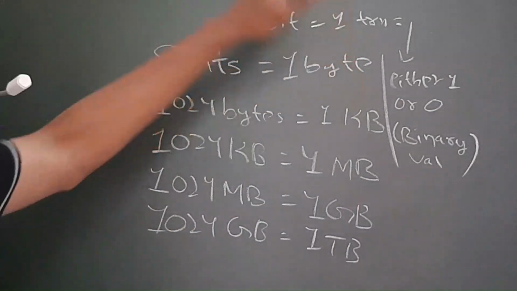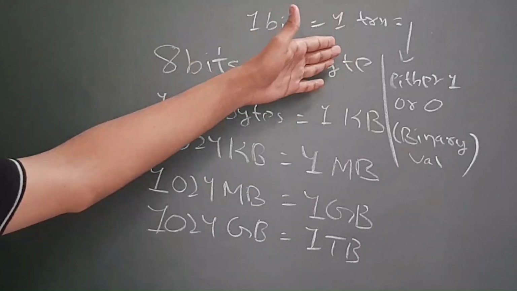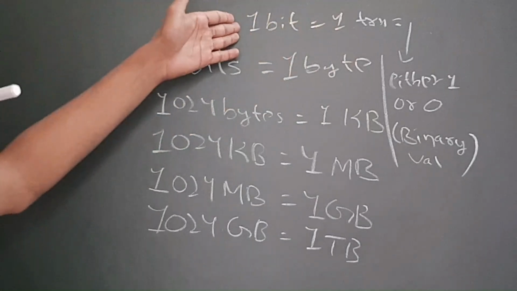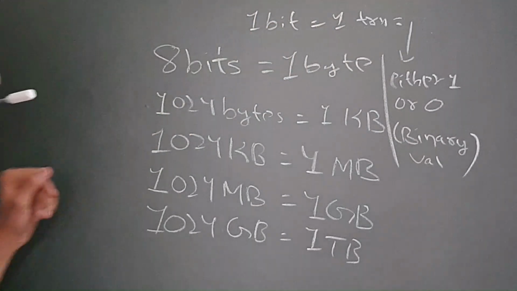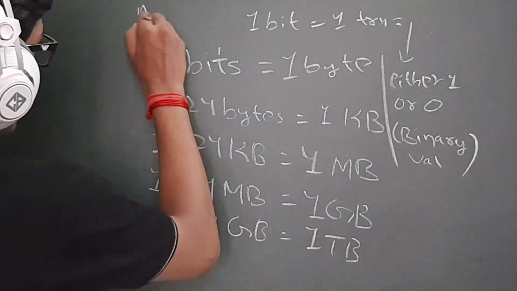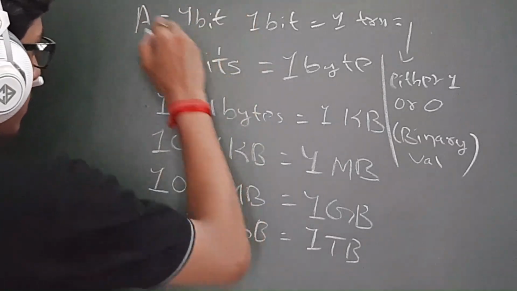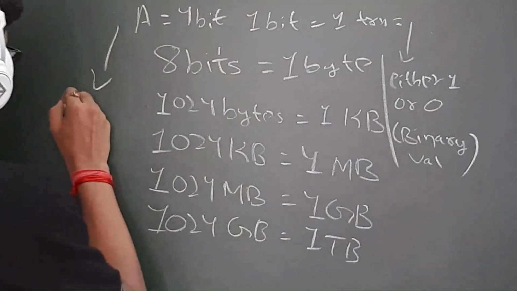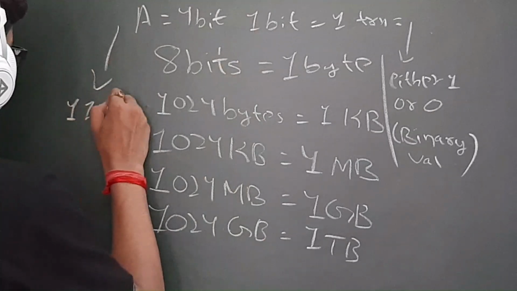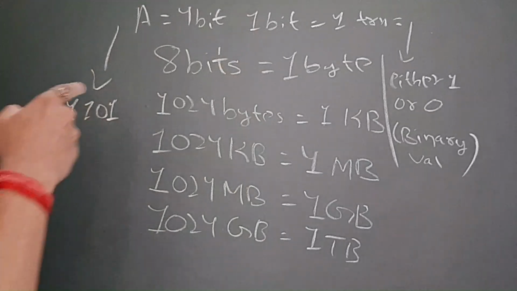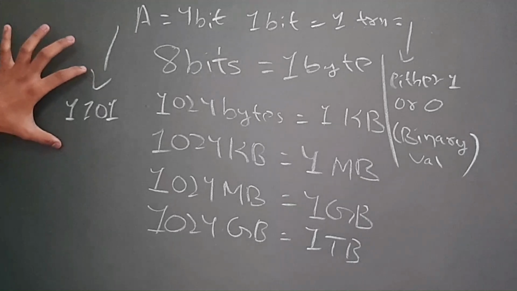So actually a value which is represented by a transistor is considered as 1 bit, and as we knew, for the letter A there are 4 bits, because the value of A was 1101, right? The value of A was this particular value in its binary form.